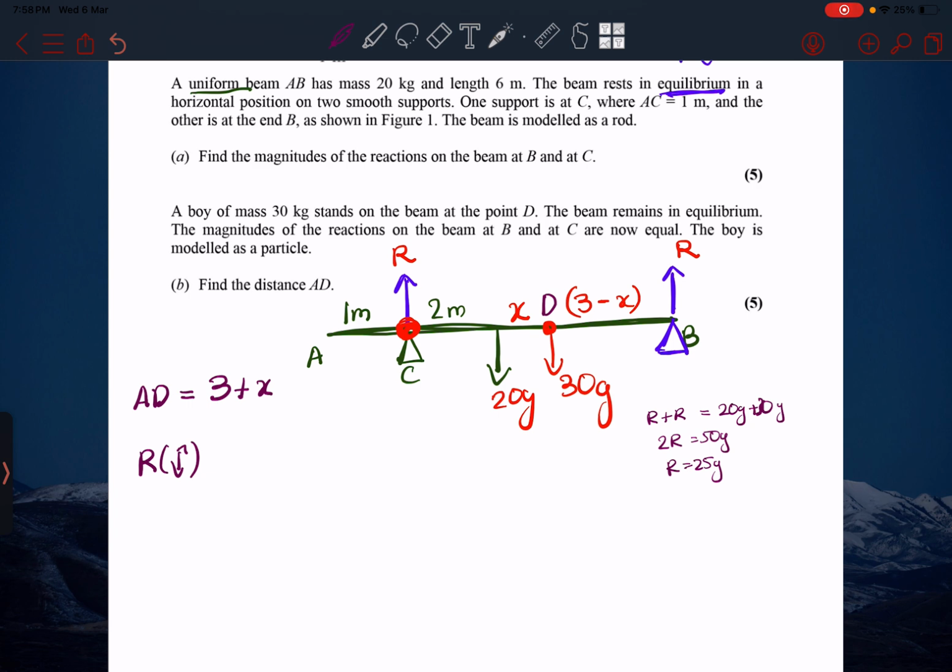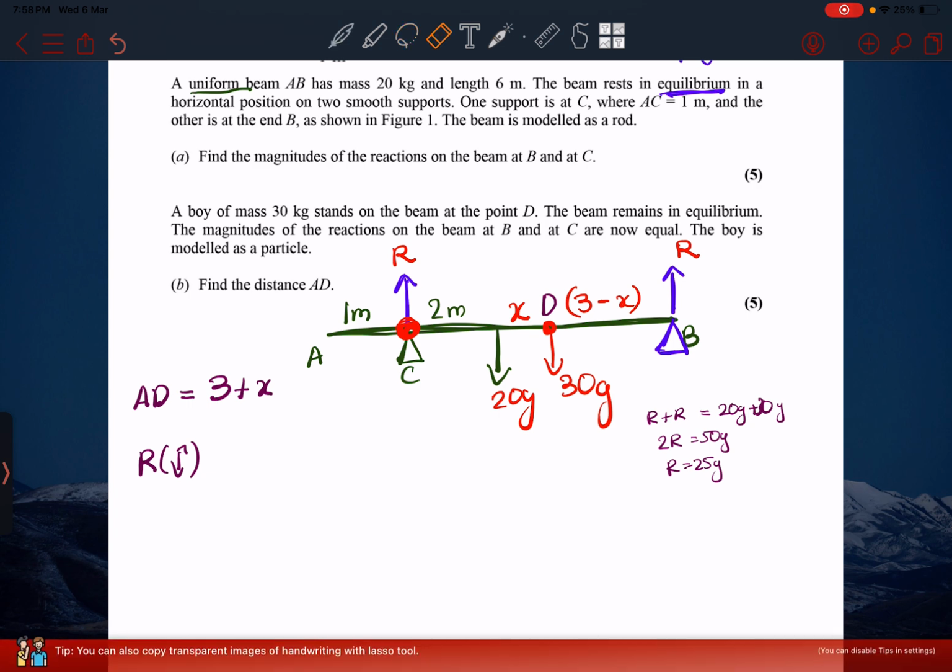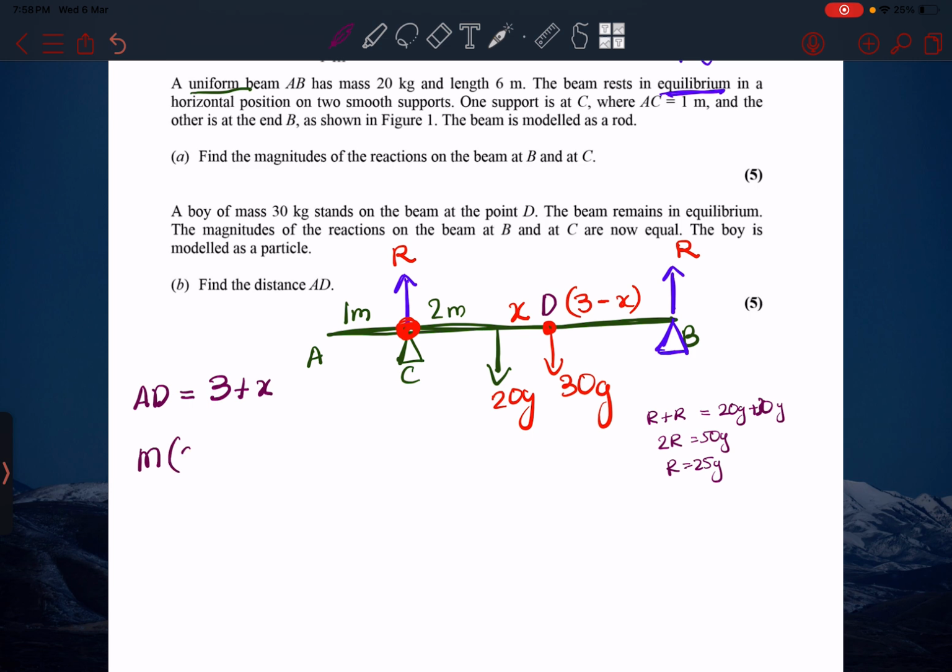So taking moments about C, the first force that is acting in line with C, you have the 20 G's that is going down, and the distance to the perpendicular point is times 2.